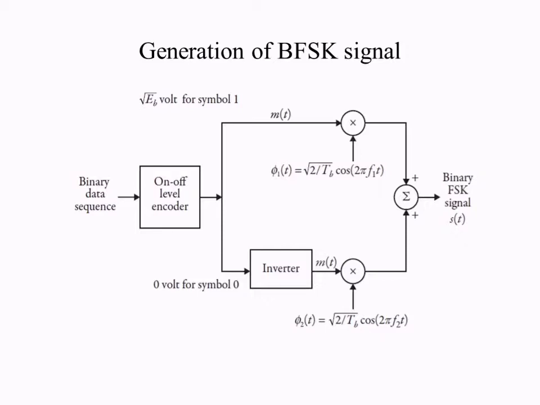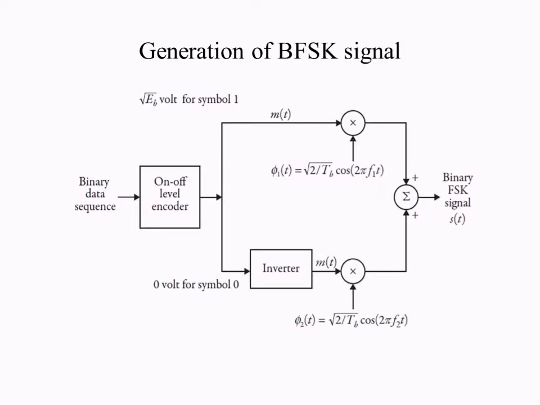Right? Now, we are transmitting symbol 1. So, when symbol 1 goes through the upper arm, then it will be multiplied directly with phi 1(t) and goes to the summer. Now when symbol 1 goes towards the downward direction, there we can see an inverter.